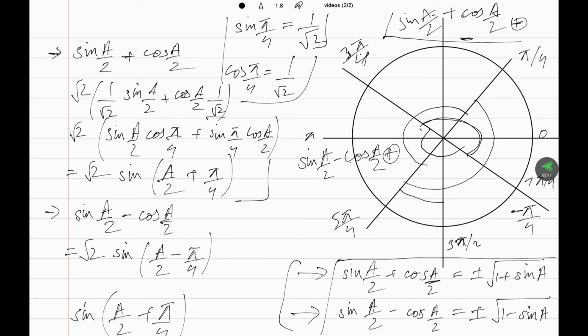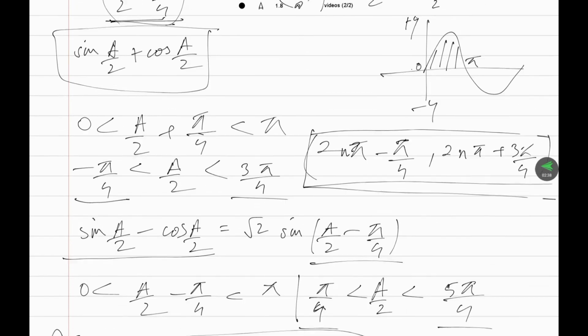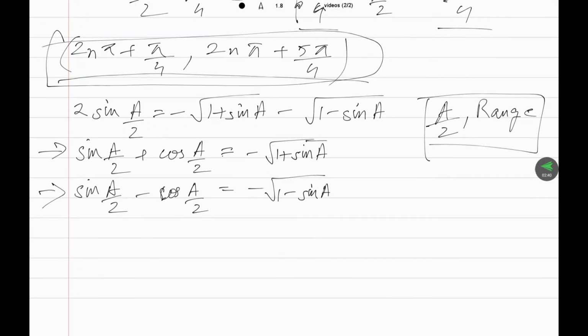And in this region sine A/2 minus cosine A/2 is positive, so outside it will be negative, which is 5 pi over 4 to pi over 4. So let's write that down and take the intersection of that.